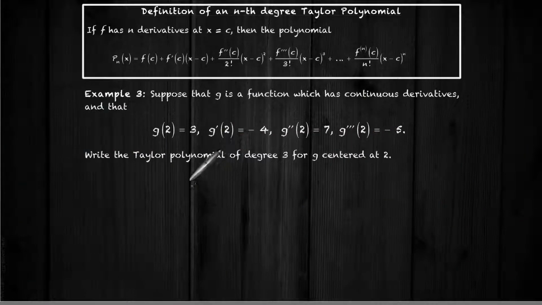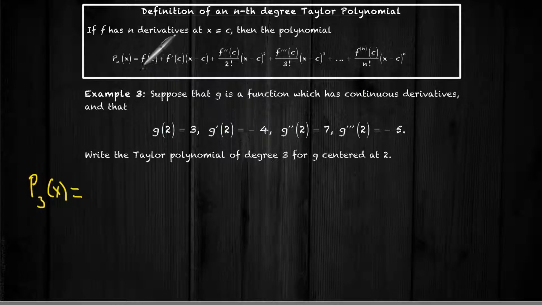All right, example 3. Here we are given the value of g of 2 along with the value of several derivatives of some function g. And it wants us to write the Taylor polynomial of degree 3 centered at 2. So that means we're going to plug into our formula. So we need our P of 3, the third degree polynomial.